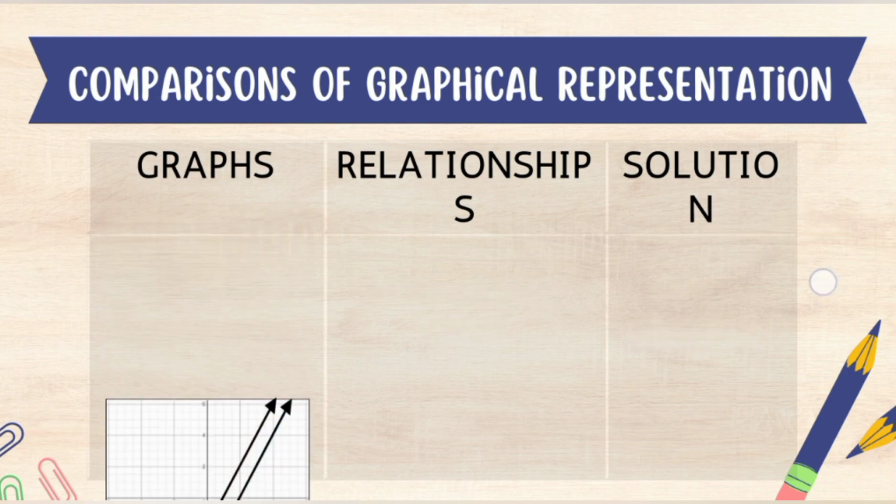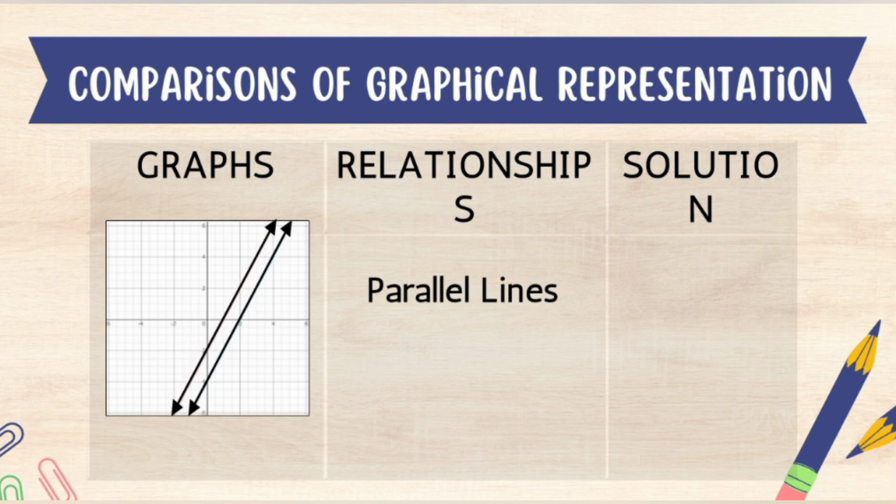And second is two parallel lines. The relationship of this is parallel lines, and it has no solution, meaning neither of the values of x and y makes both of the equations true.